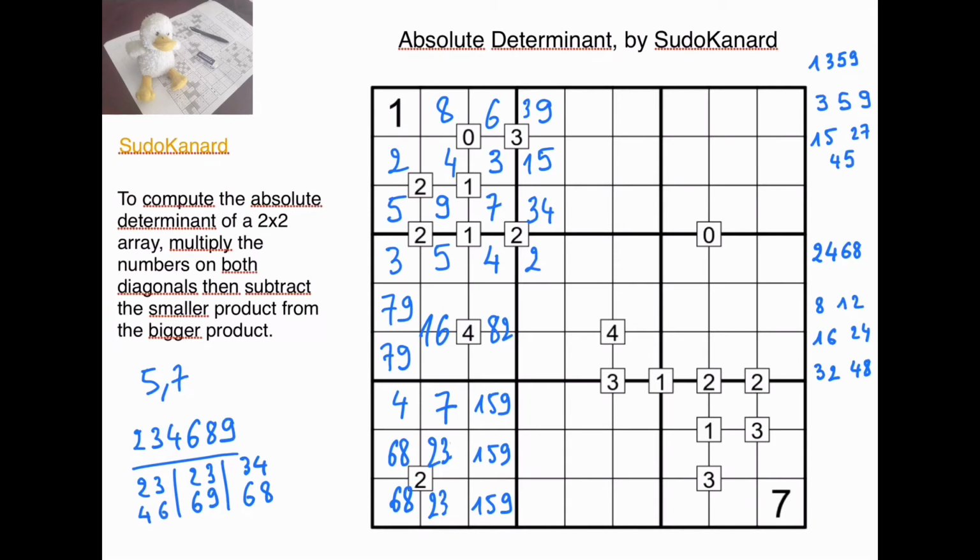You can see that most of them work actually, but 3 does not work. It doesn't have a difference of 1 or 3 with any of those. 3 works with 8, 9 works with 8 and with 12, 15 works with 12 and with 16, 27 works with 24, 45 works with 48, but 32 doesn't work with anyone. So it leaves a lot to work with.